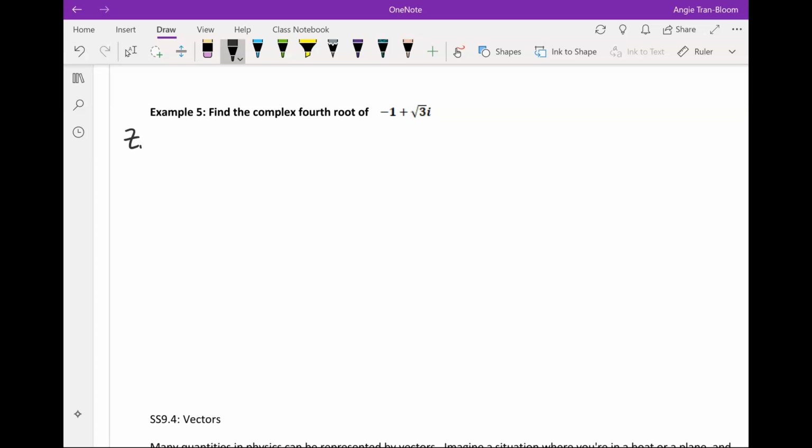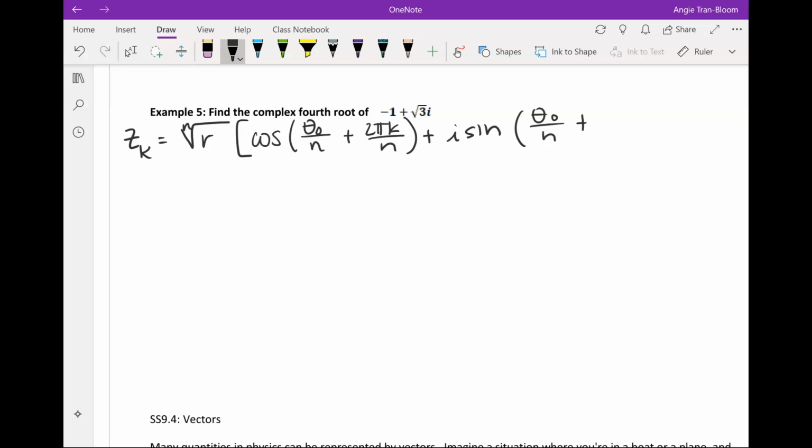Z subscript k equals the nth root of r, and then a big bracket or parentheses. Cosine quantity theta subscript 0 divided by n, plus, that's right, plus, keep on going, 2 pi k divided by n.